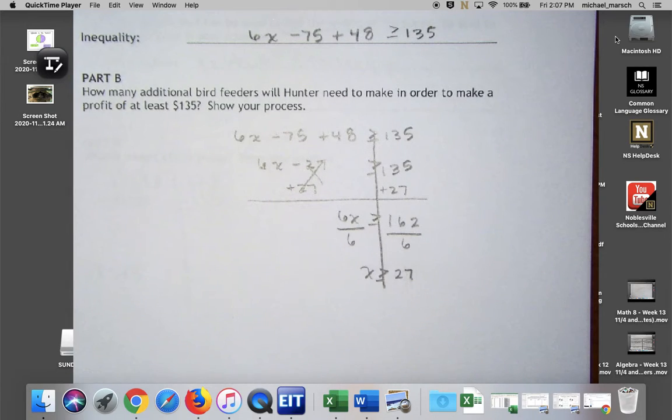It's greater than or equal to, right? Yeah, that's fine. I wrote that. So we've got 27 here.